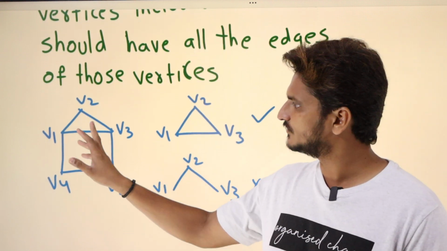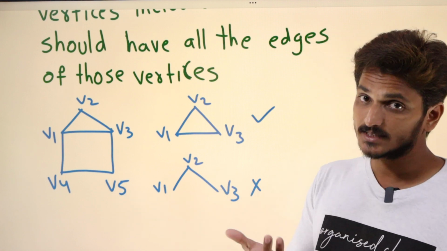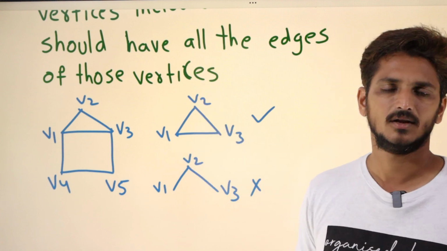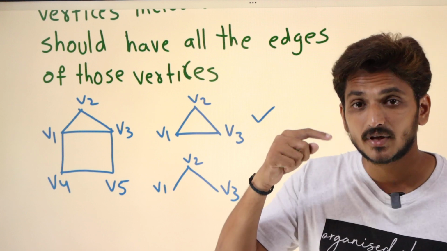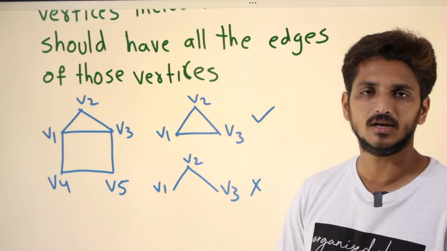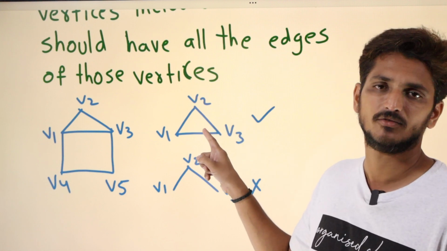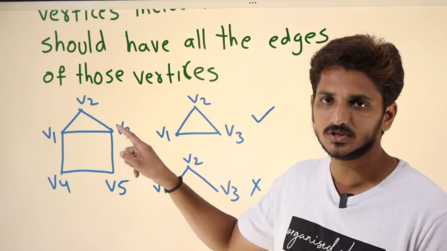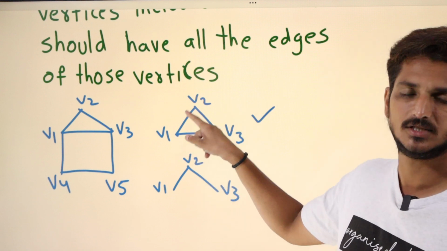Let's take this graph G with vertices V1, V2, V3, V4, V5. 5 vertices are there. In the subgraph, we are including V1, V2, V3. 3 vertices are included in the subgraph. Whatever edges belong to V1, V2, V3, all those edges should be there in the subgraph. Yes, they are included.